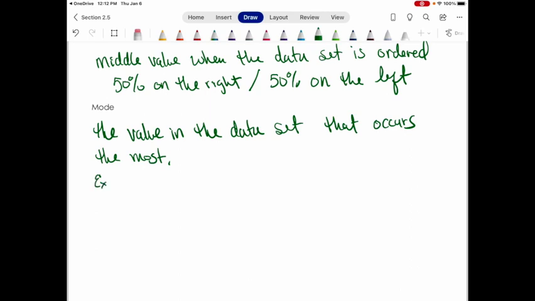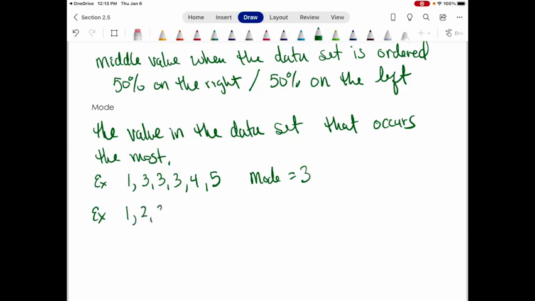Let's go through a couple quick examples. So, if I gave you a data set that looked like this, in this case, the mode would be 3, because that is the data value that occurs the most.